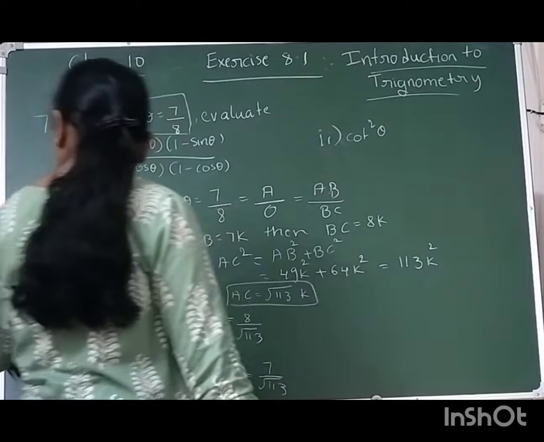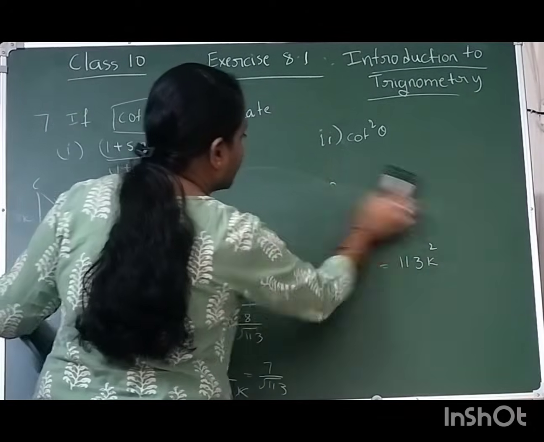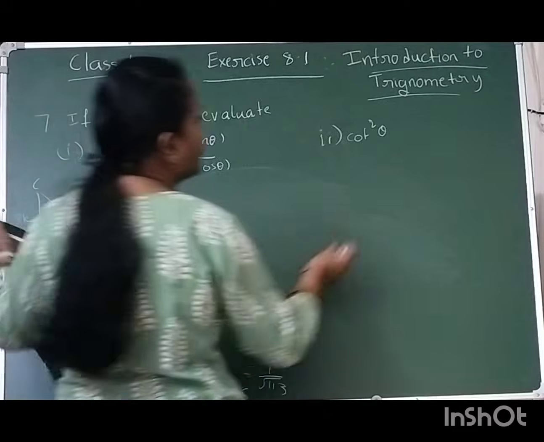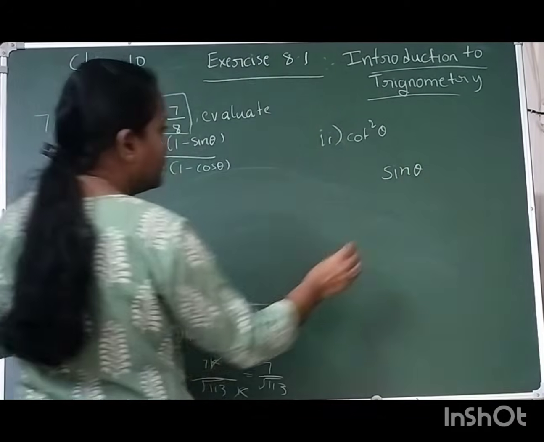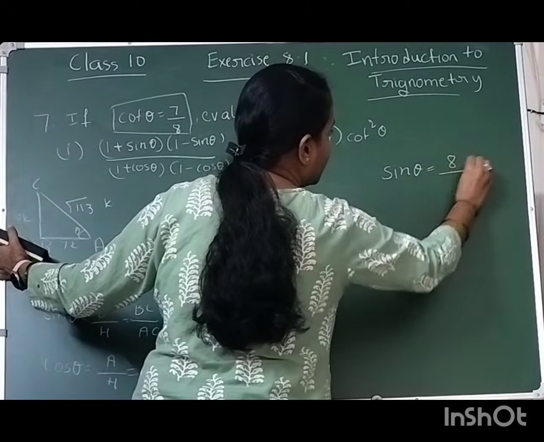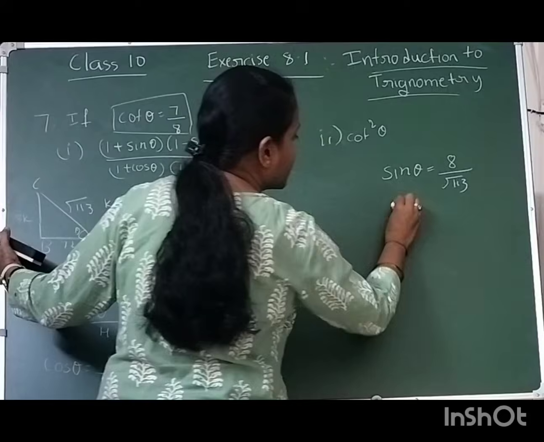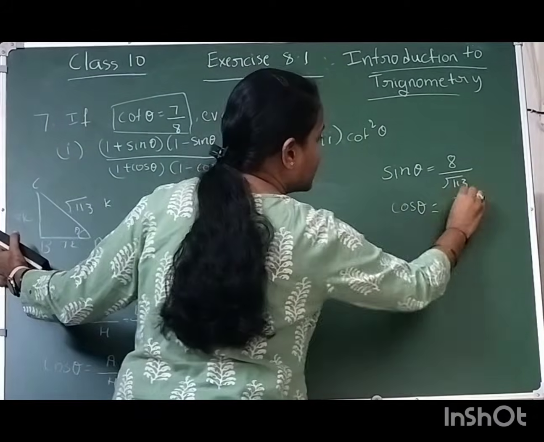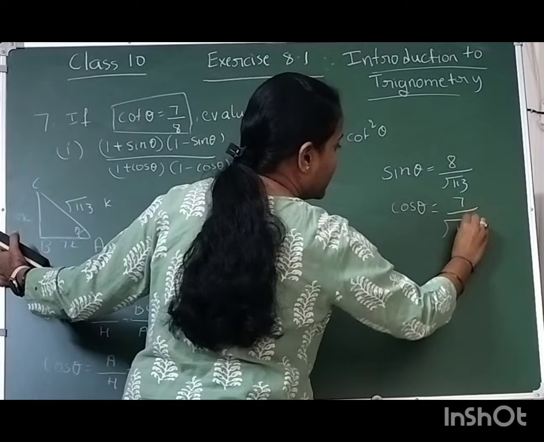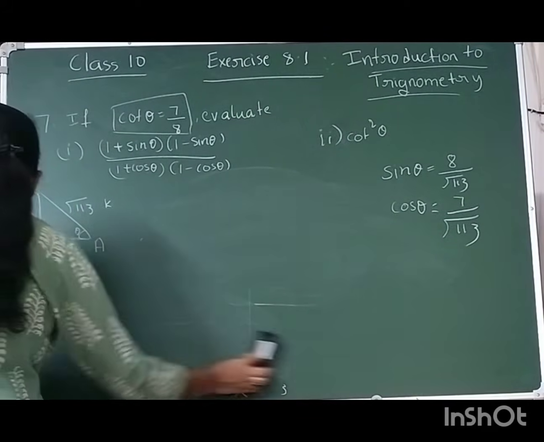Let's write this sin theta and cos theta value separately so that we can substitute it in the equation. So sin theta we got as 8 by root 113 and cos theta we got as 7 by root 113. Let's substitute these values in the equation to find out the answer.